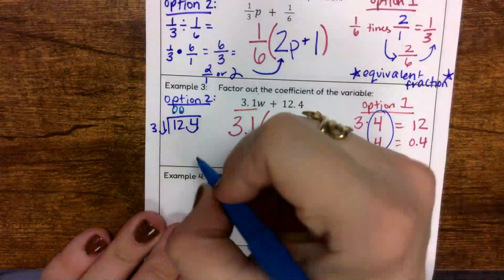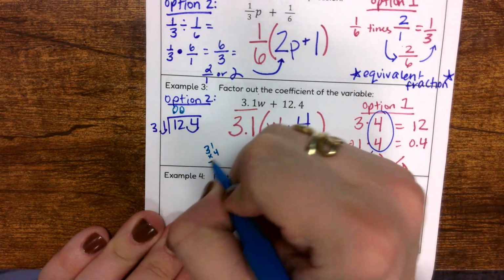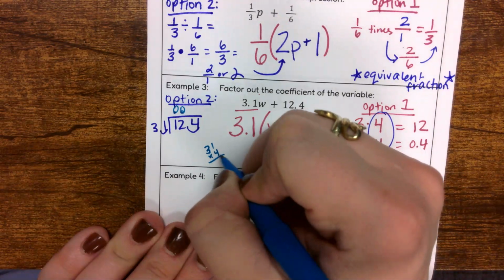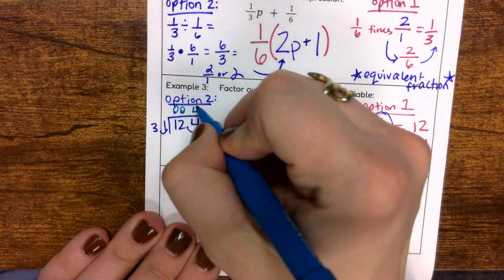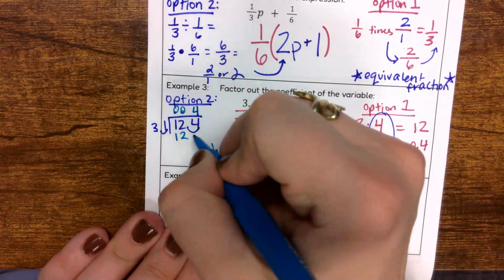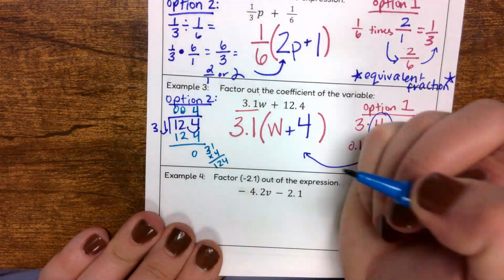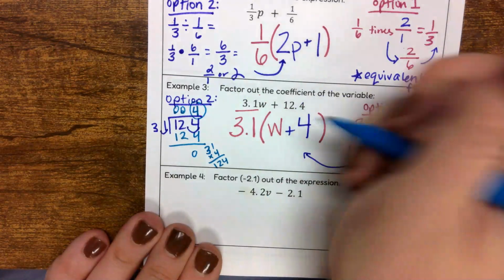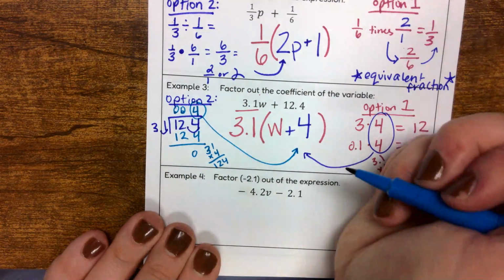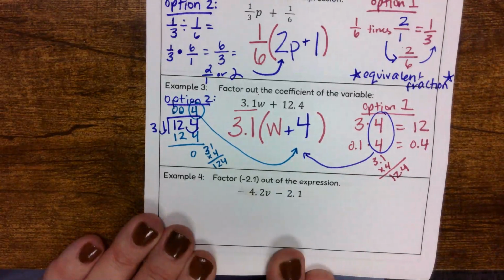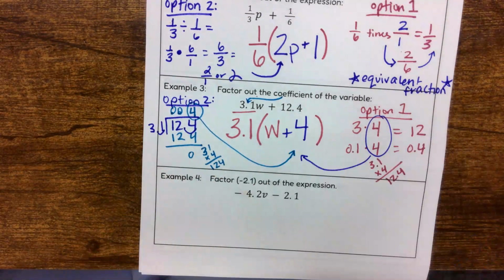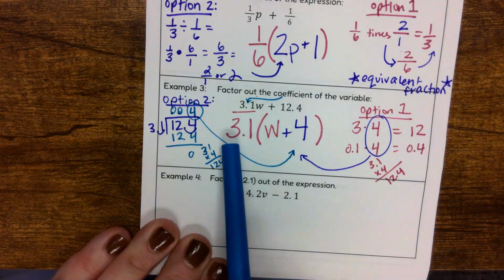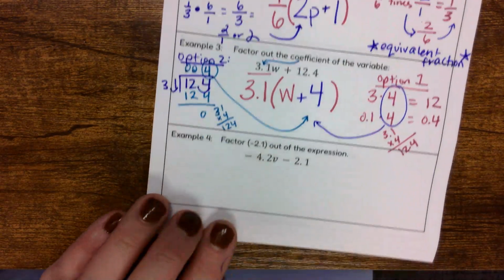Well, 31 times 4 maybe. 4 times 1 is 4. 3 times 4 is 12. So 124. So it goes in 4 times. 4 times 31 is 124. So that gets a remainder of 0. So our answer is 4. Okay, you kind of can get it the same way. All right, remember this is our coefficient of the variable. Okay, so that would be if you factor out that coefficient, and the rest is here.